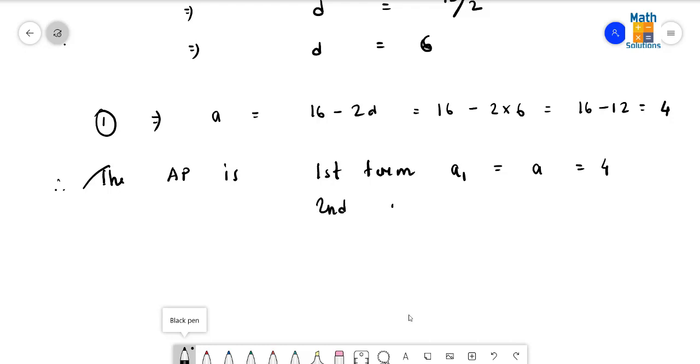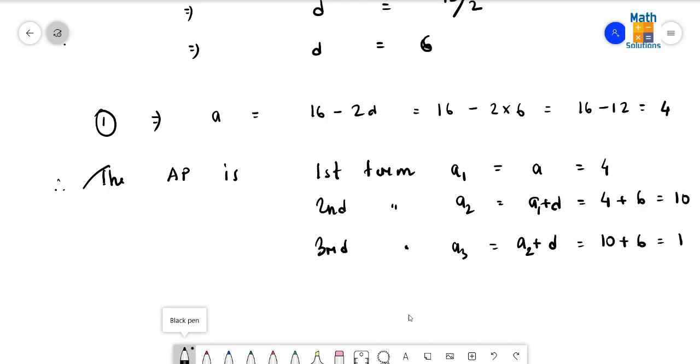Then the second term A2 is equal to A plus D, means 4 plus 6 is equal to 10. Then the third term A3 is equal to A2 plus D, that means 10 plus 6 equals 16.